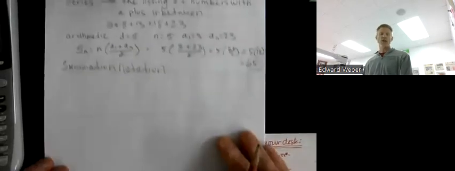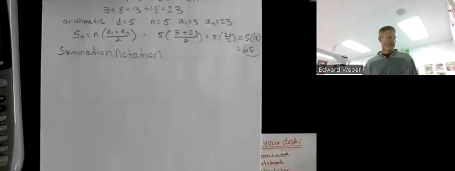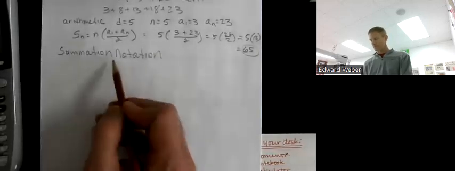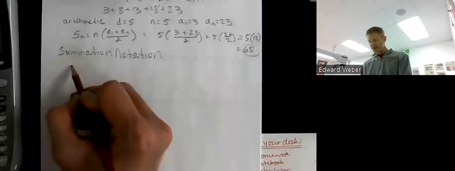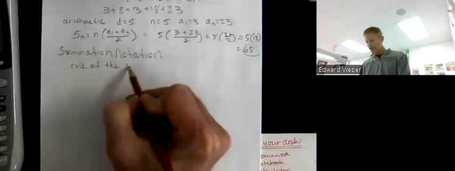What's the summation notation for this series? This would be a little bit harder to put in the chat, but you got any idea? So our summation notation, we need to know the rule of the series.